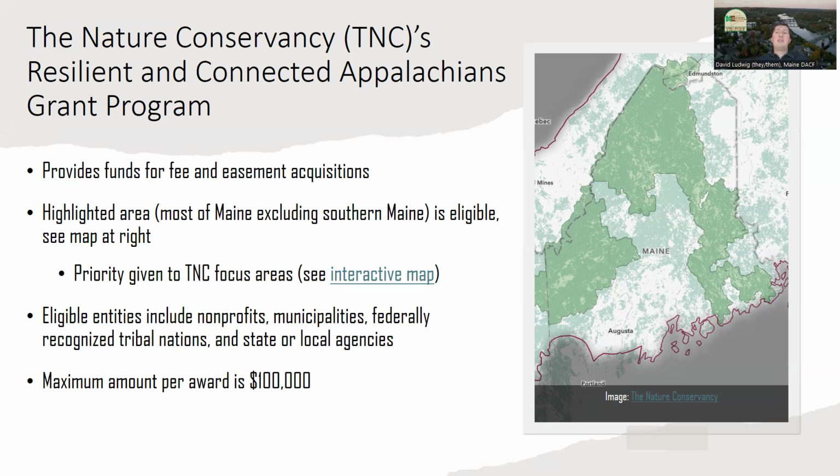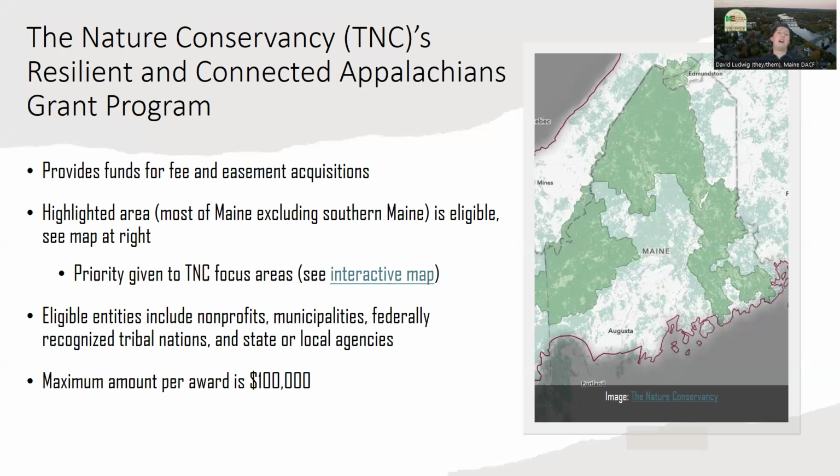Priority is given to TNC's quote-unquote focus areas, which you'd be able to view following that link to the interactive map that I've placed on the slide. This grant can fund fee or easement acquisitions and associated costs, and it would be a good opportunity to consider stacking or matching funds, like Laura was alluding to earlier, between state, federal, and private dollars if you need to make some combination thereof to cover your expenses.